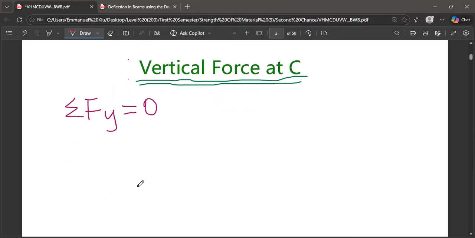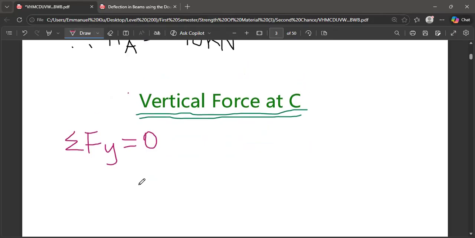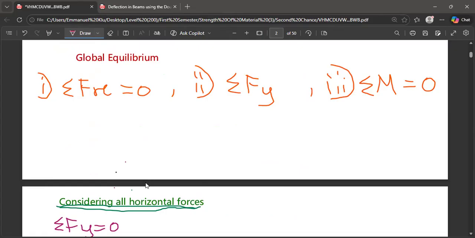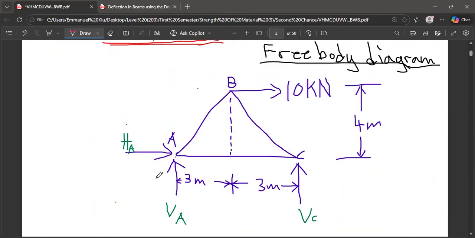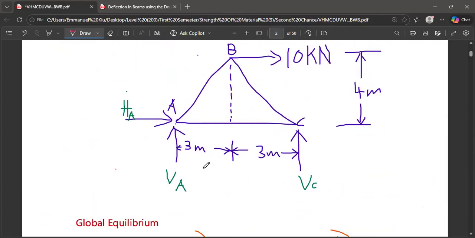Sum of all forces moving in the y-axis should be equal to 0. So from here, we are just going to simplify it.